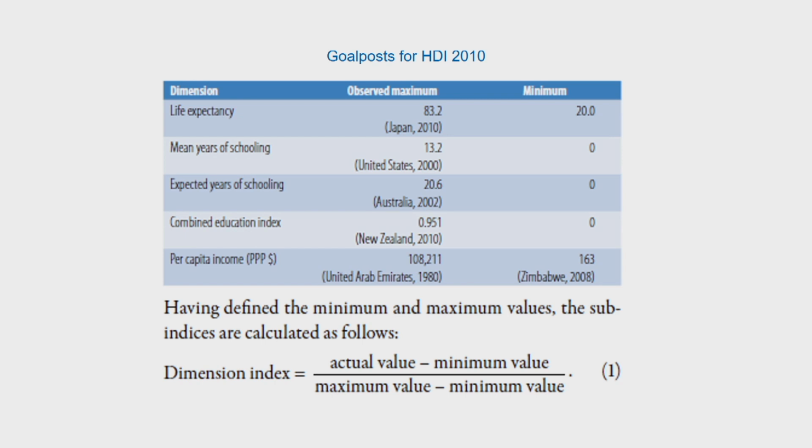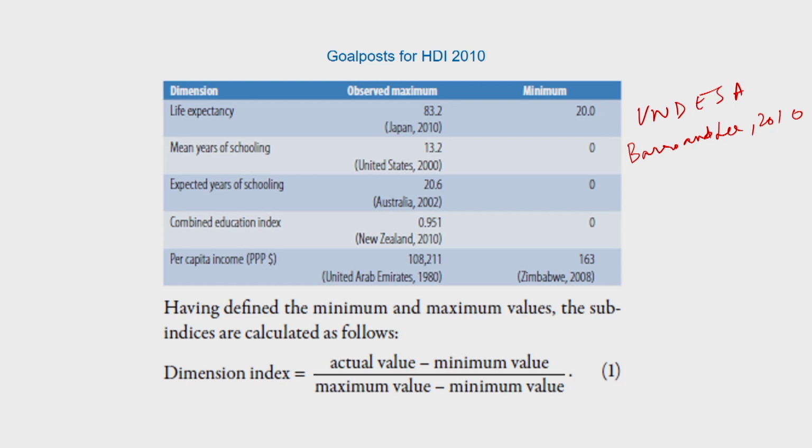The HDR of 2000 mentions that these goalposts were for life expectancy at birth. The information was taken from UNDESA, Department of Economics and Statistics of the United Nations. Mean years of schooling was taken from a paper by Barrow and Lee in 2010.